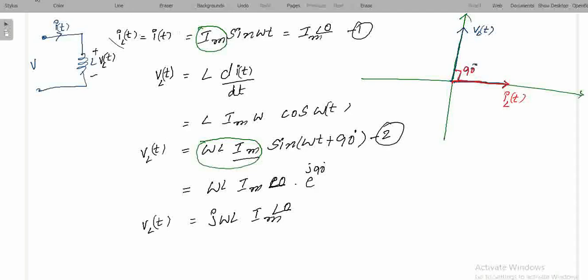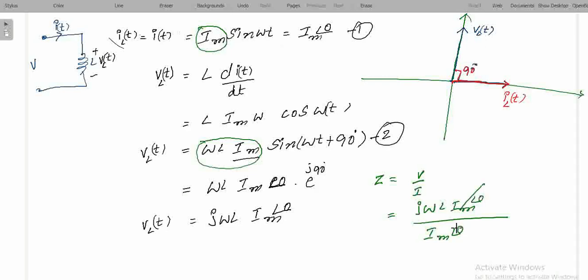And here impedance is equal to voltage by current. What is the voltage? J into omega L into Im of 0. And what is current? Im of 0.